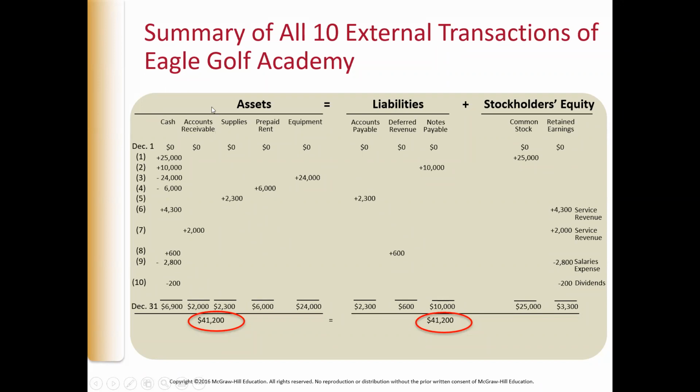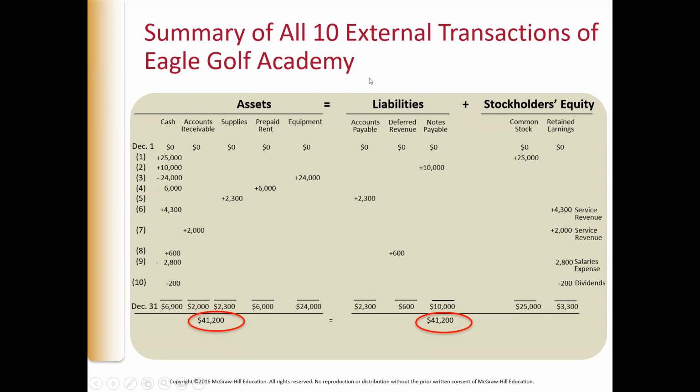We have an account called accounts receivable. We have an account called supplies. We have an account called prepaid rent. And we have an account called equipment. These are individual accounts all under the big umbrella assets. They all total $41,200.